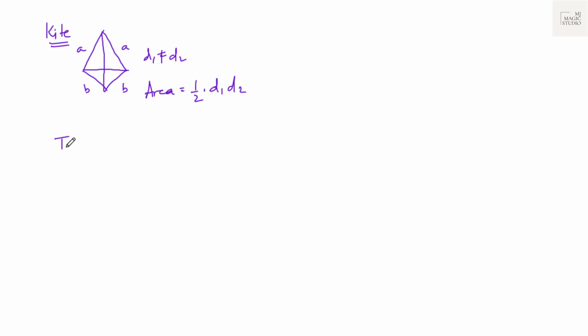Moving on to the last one but not the least, the trapezium. What is a trapezium? Where two sides are parallel but not necessarily equal, and the other two non-parallel sides are equal or not equal. We are taking this one as not equal. These two are parallel sides. Let this be x and this be y. Join, form a diagonal. Find these heights h1, h2 and use the same concept.